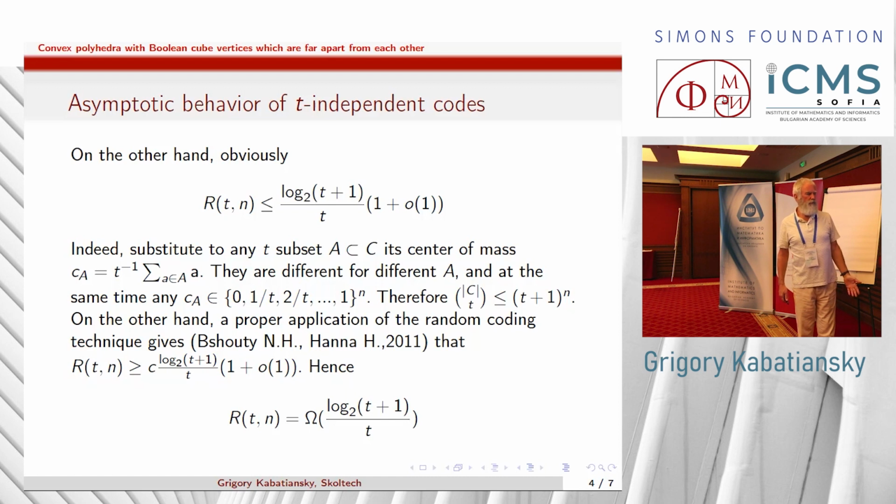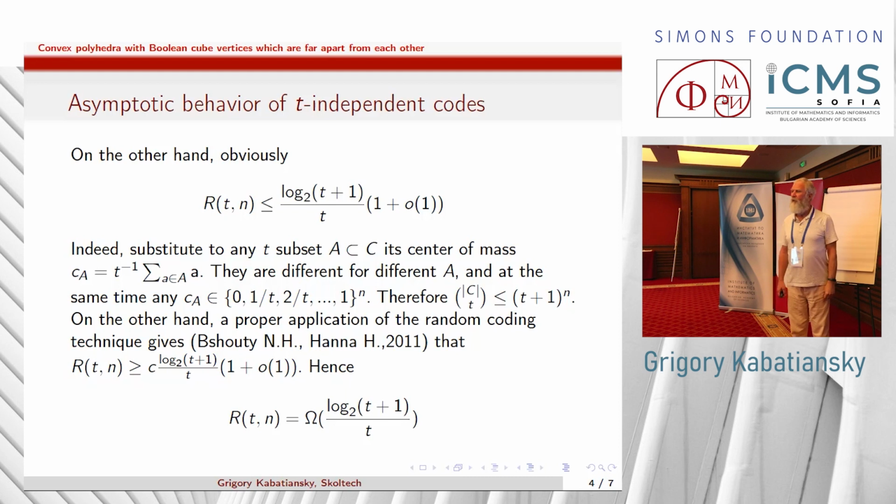Then the mass center is a vector whose coordinates belong to this set, so t plus 1 possible coordinates. So the number of possible such vectors is just t plus 1 to the power n. On the other hand, the number of t-subsets is this, and they all should be different. So if you take the log of it, we will get this.